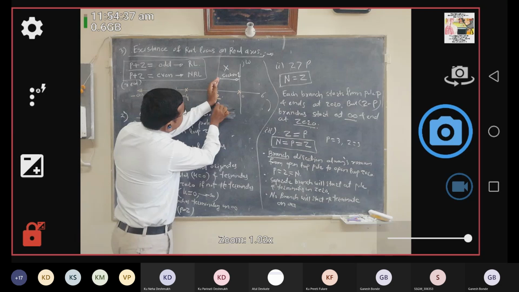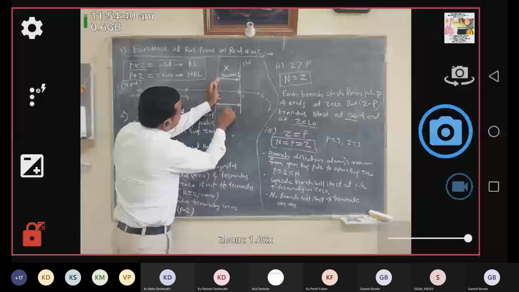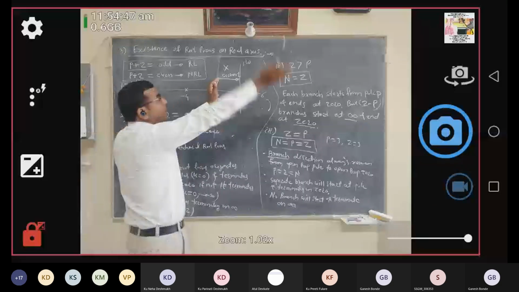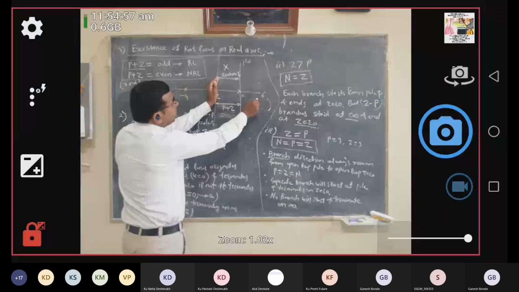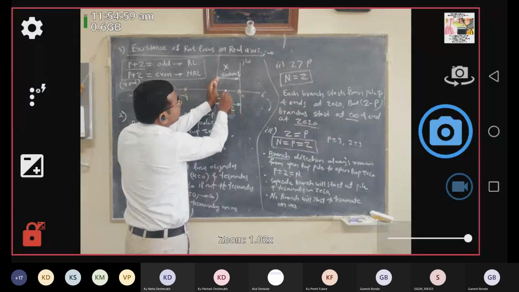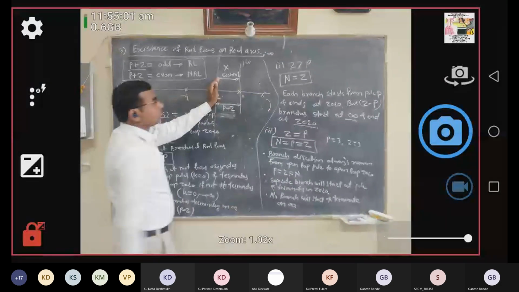Can you tell me what is the value of P plus Z in this section? How many is the addition of P plus Z along this real axis? Can you tell me?